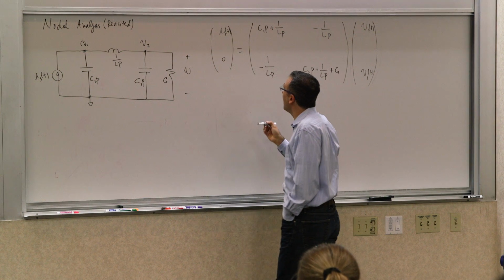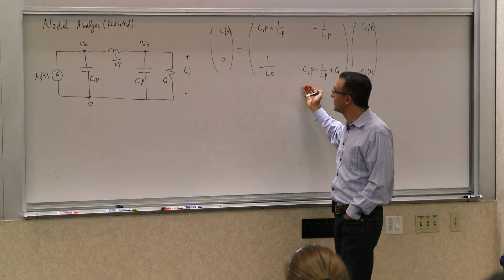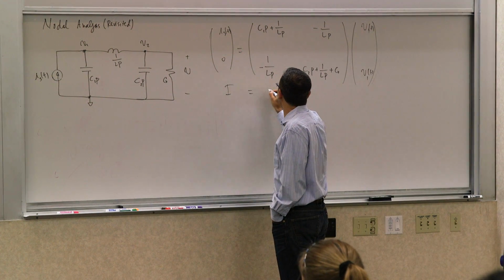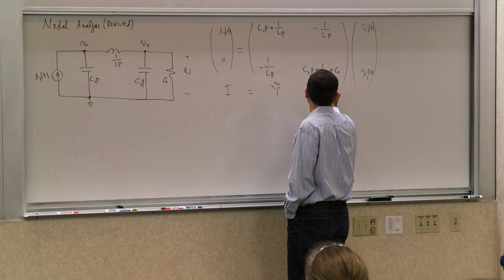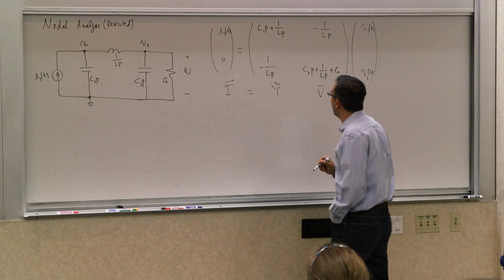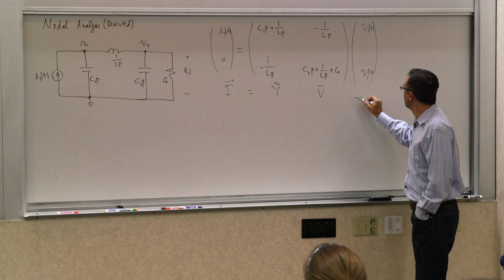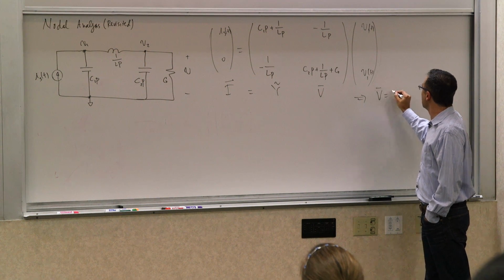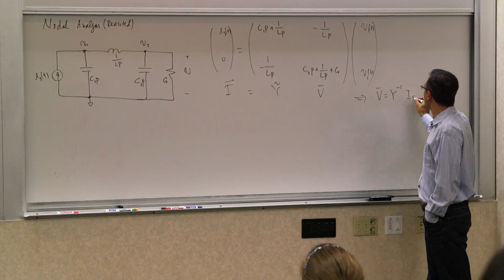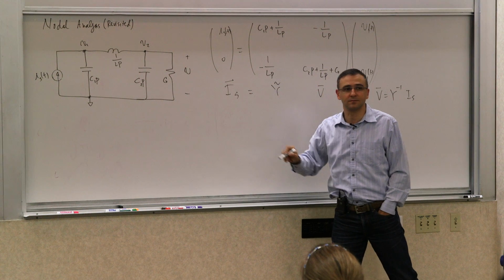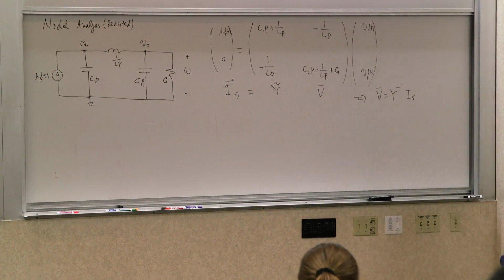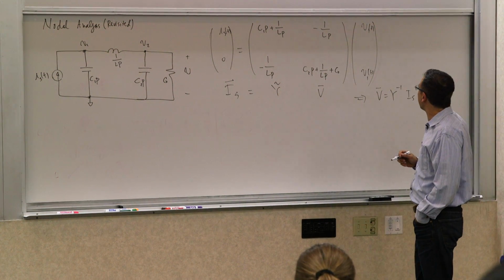And then to solve the problem, obviously we need to invert it. So I equals Y V. And to solve this problem, we write V equals Y inverse times IS. So now we need to invert.